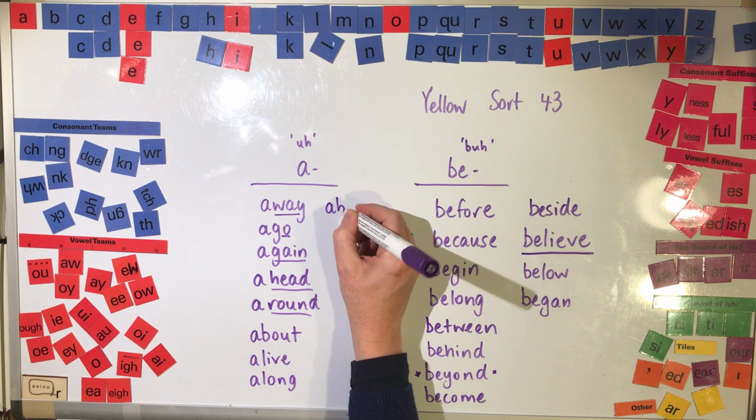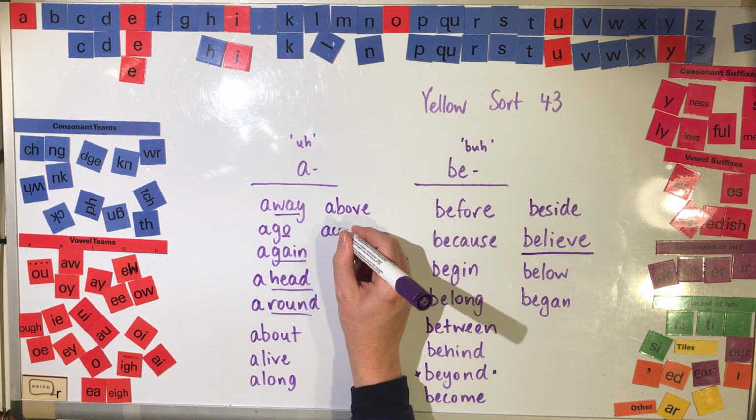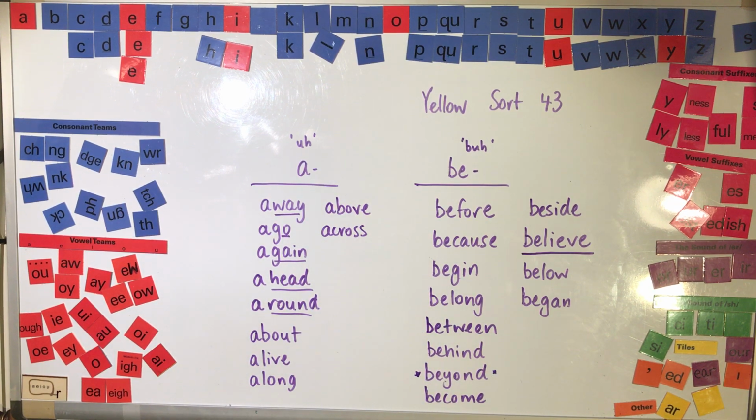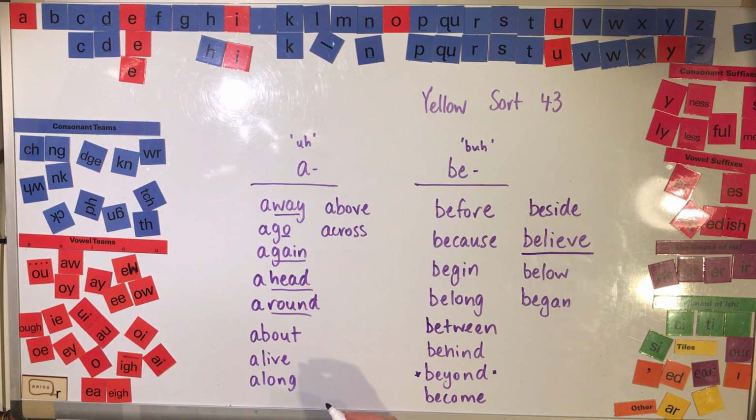Above. Across. A lot of these words are positional describing words. So showing the position like above, about, across, below, beside. They're all placing something physically in space.